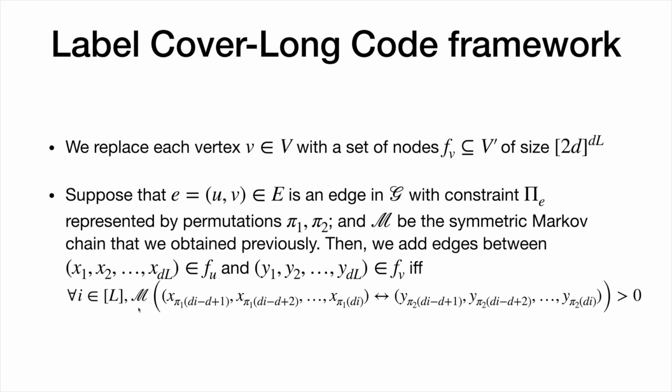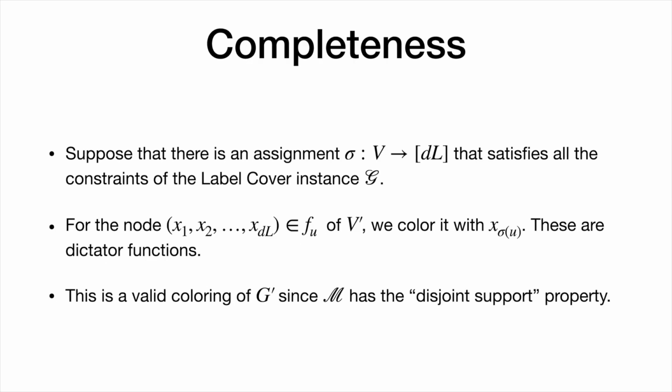And we use that symmetric Markov chain to do so. The key property is that the symmetric Markov chain has this disjoint support property, which ensures that the dictators will satisfy. And pi 1 and pi 2 are just a representation of the constraint pi_e. So essentially what we have done is converted this pi_e into this graph. And as I mentioned before, the completeness case follows from just the disjoint support property of the symmetric Markov chain.